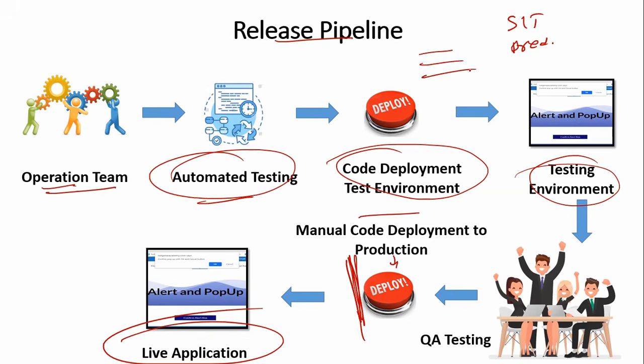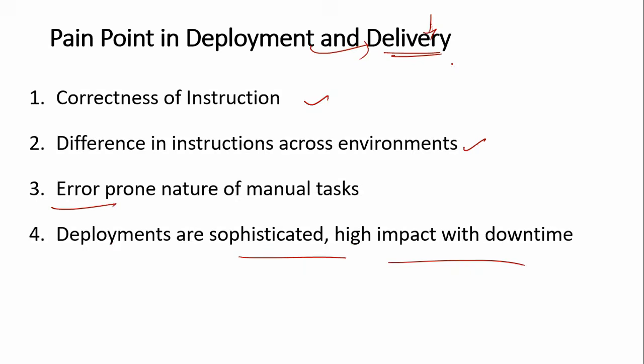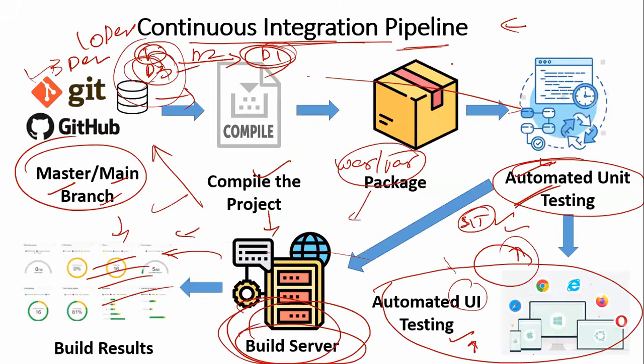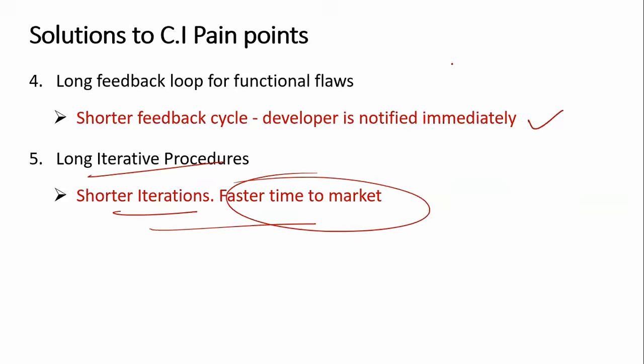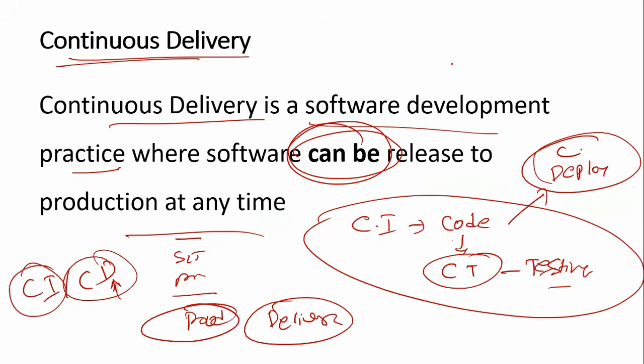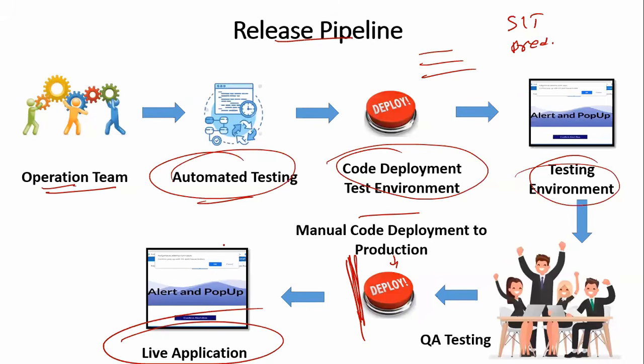Deployment means multiple environments, like a pipeline, one by one, it will happen. And from here itself, this is an automated process of continuous integration, continuous testing. That is an automated process of continuous deployment.